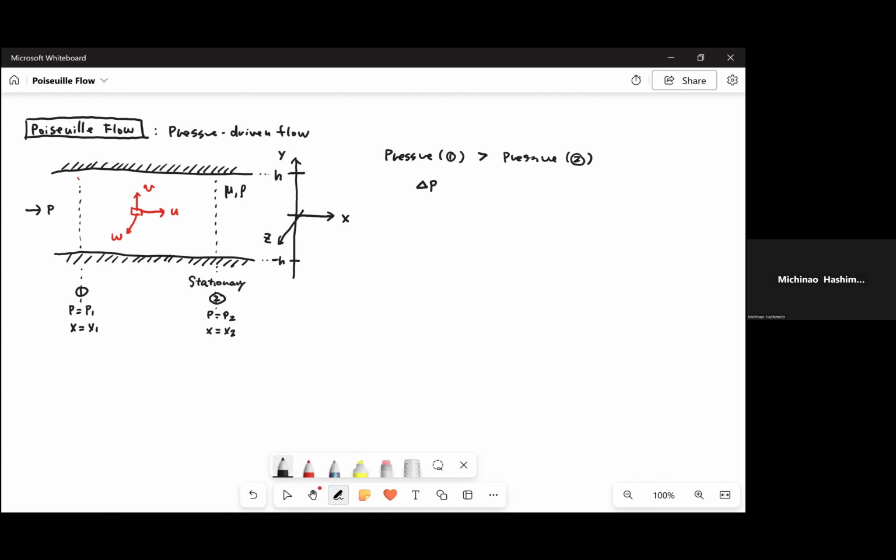When we define the pressure drop, usually this is defined as P1 minus P2. When this happens, pressure decreases over the distance between x1 and x2.